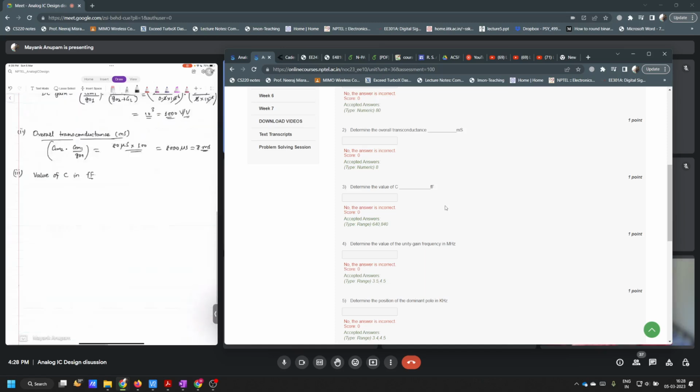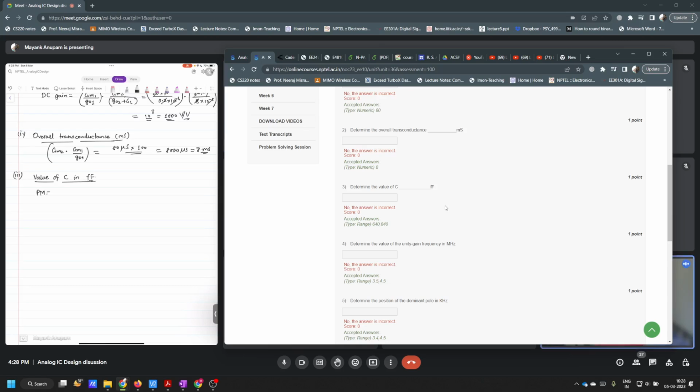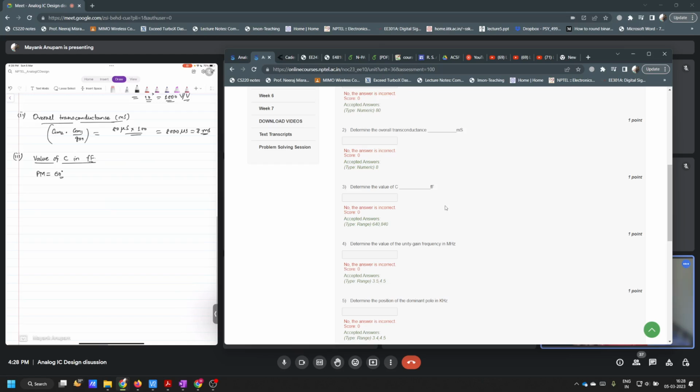Right. So let's do it. We have been given phase margin equal to 60 degrees. And what is phase margin actually equal to when we have this scenario? We can assume that the first pole appears at a very low frequency.